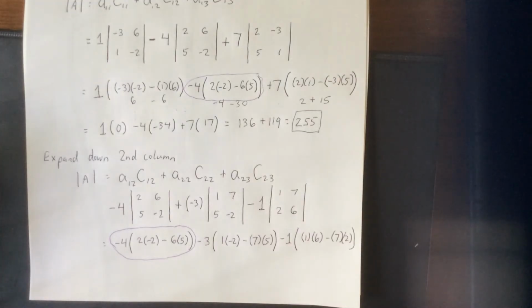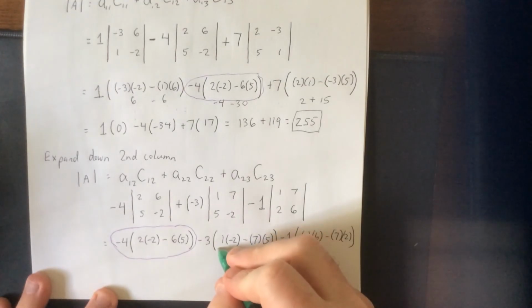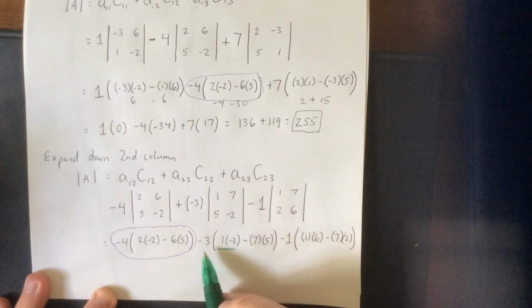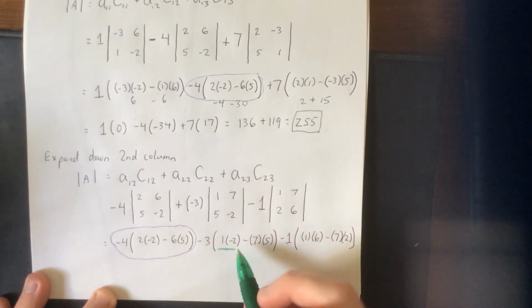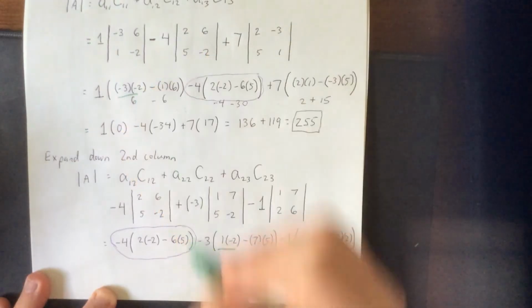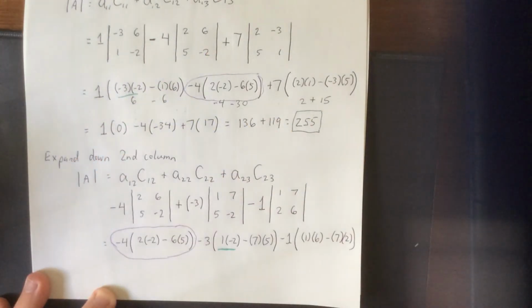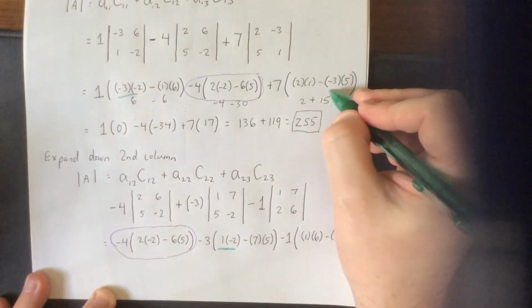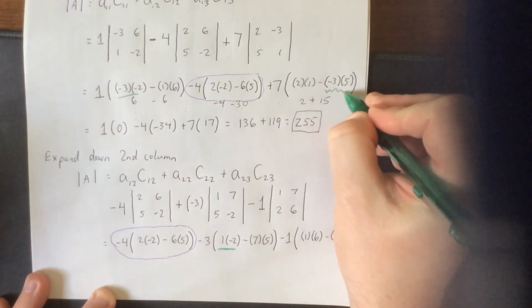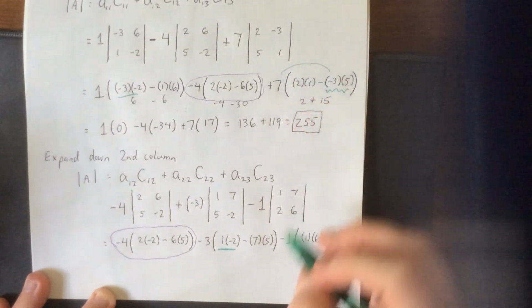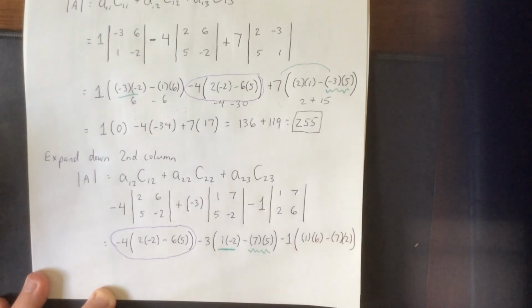Other things that I would like to point out is for this term, we'll have a negative 3 times 1 times a negative 2, which is technically what we had right back here. For this one, we have negative 3 times 7 times 5, and it's being subtracted. We have that same thing right here in the other one if we were to distribute that 7 through.